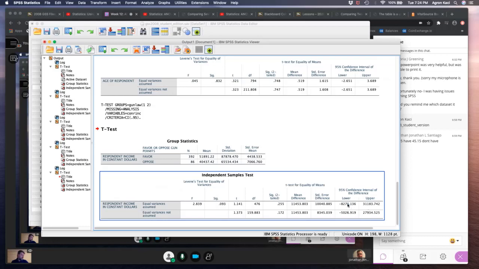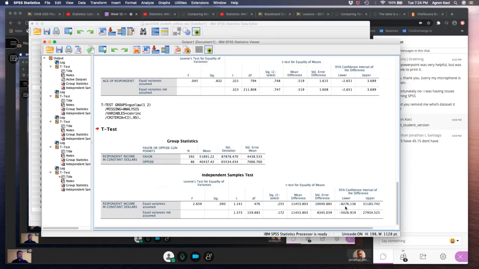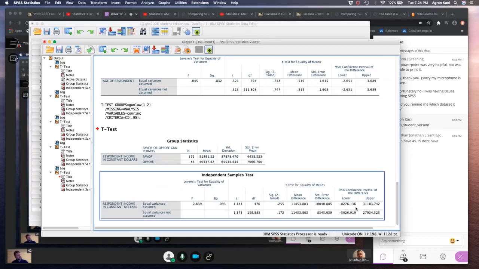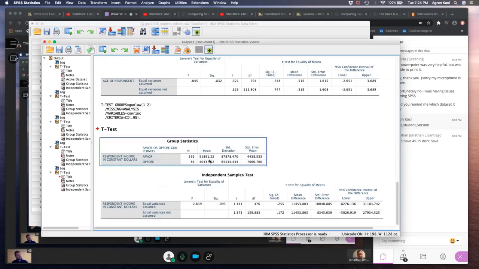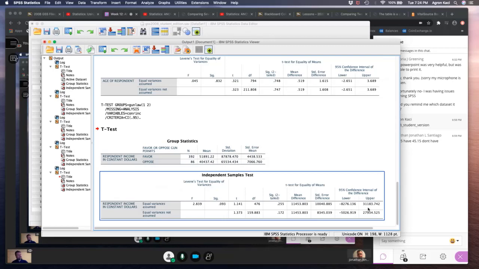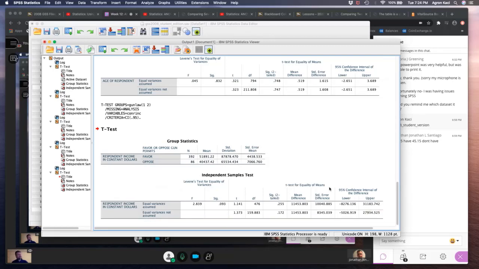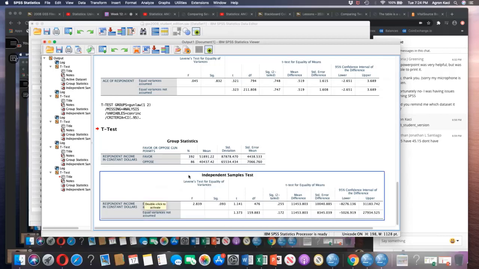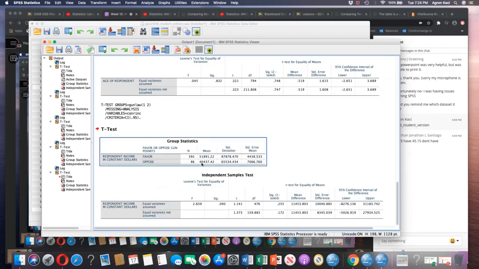And you would go to the 95% confidence level. You see that the lower and upper limits are of opposite signs. So this means that this difference could be negative, but it could be positive as well. If it's negative, that would mean that the opposed group would probably, in 95% of the cases, also show a greater income than those who favor it.